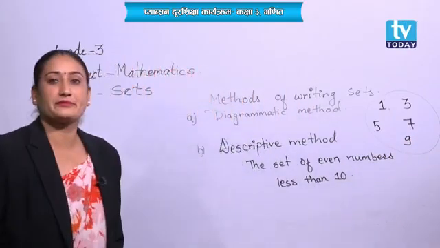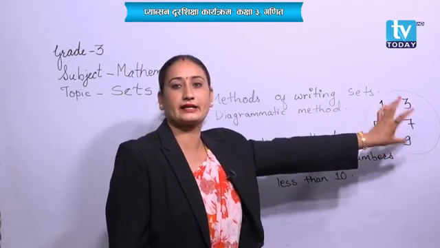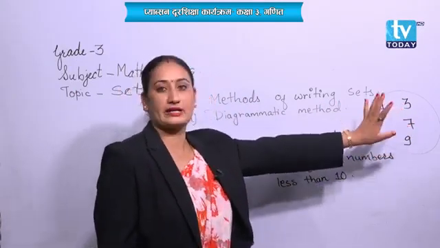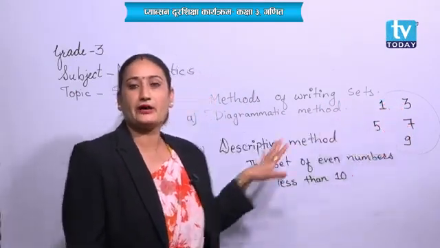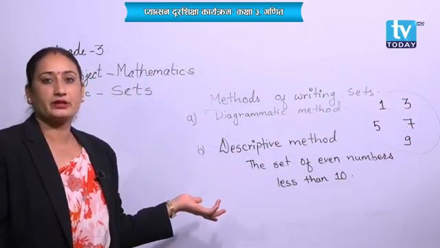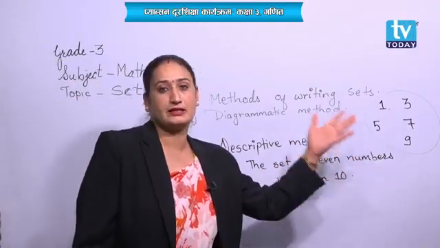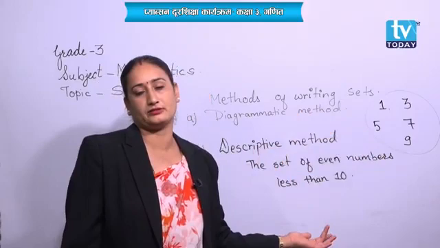Can you describe this one? This is the diagram, the diagrammatic method. So, you can see it from the diagram. Now, you have to describe it. What is the answer? The set of odd numbers less than 11.